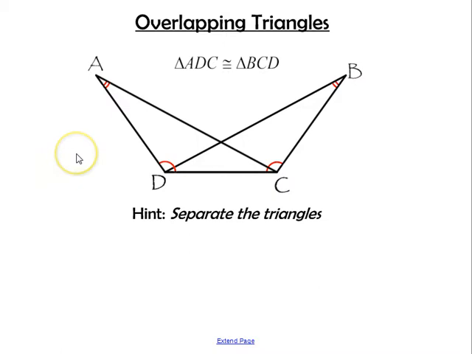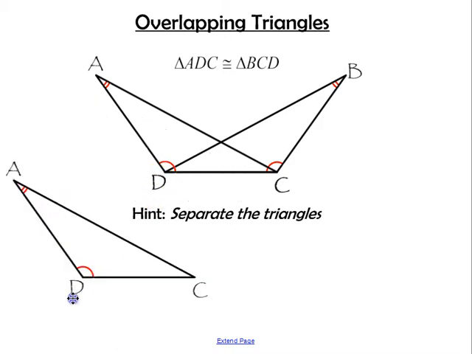So the idea that we're going to use throughout this lesson is to separate the triangles so that we can better focus on the two triangles that we're talking about. So I'm going to take triangle ADC and I'm going to separate that and pull it out here. Now the key is to make sure that all of the angle markings come with the triangle exactly as they're marked in the picture.